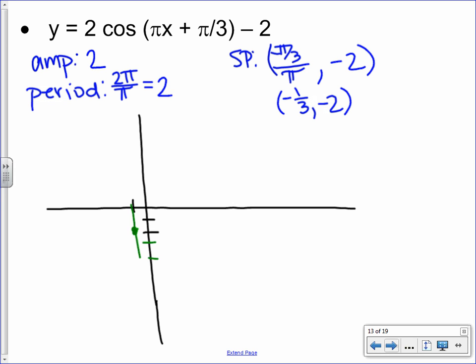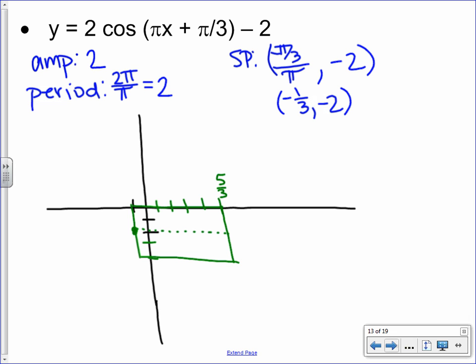So negative 1/3 plus 2 is 5/3, right? Okay, so we're going to cut it in half, and then we're going to cut it in half again.